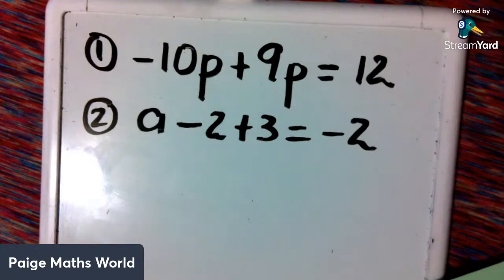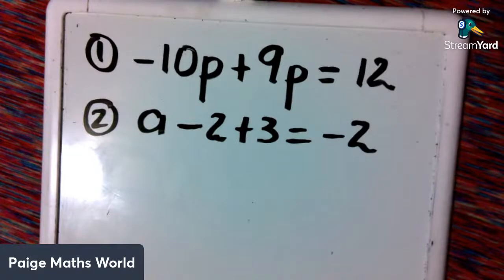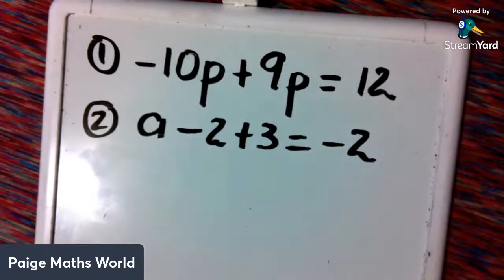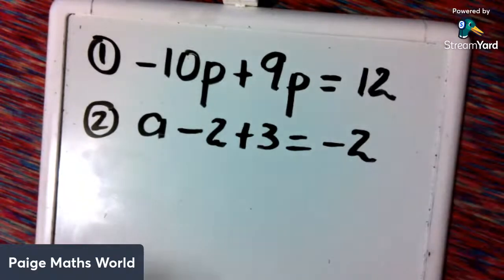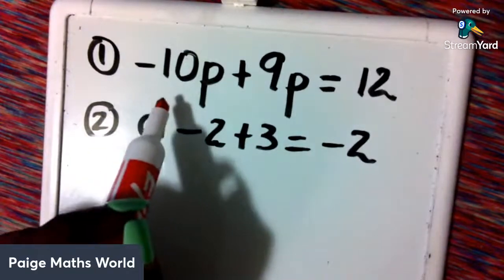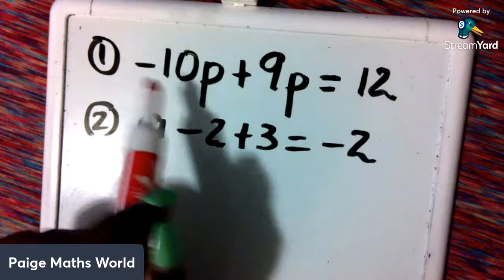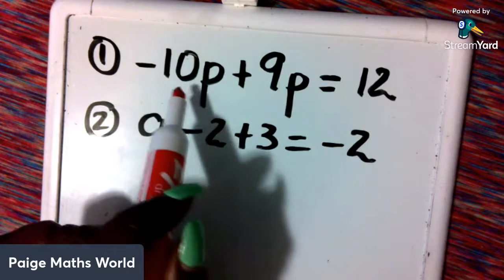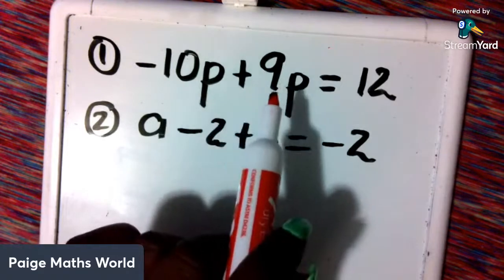All right, so we're looking at number 1, negative 10p plus 9p. Remember, this has a negative at the beginning, right in front. The negative simply means you're owing, right? So you're owing $10 and you have $9.